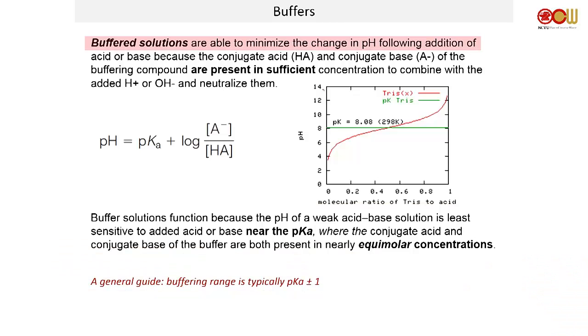Buffer solutions are those solutions that are able to minimize the change in pH following the addition of acids or base, because the conjugate acid, HA, and the conjugate base, A-, of the buffering compounds are present in sufficient concentration to combine with the added H+ or OH- and neutralize them, okay? Yeah, that's just a lot of words and you guys don't understand what that means, okay?